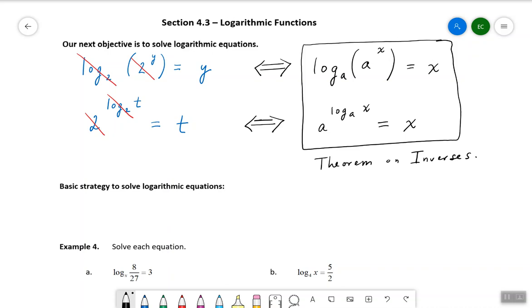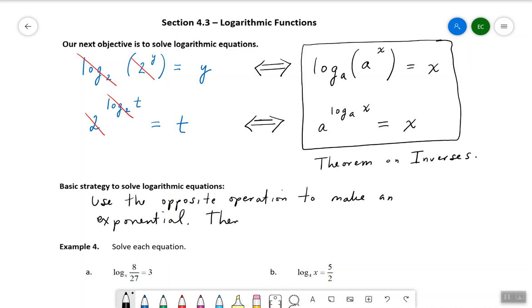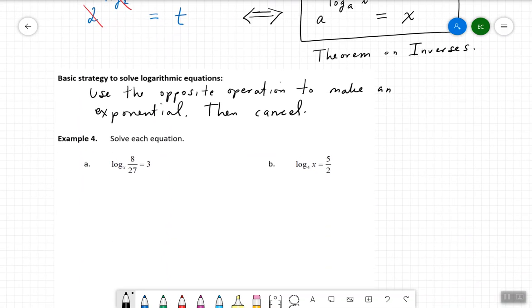Let's use the opposite operation to make an exponential, and then just cancel the opposite operations. Okay, so let's give it a go.